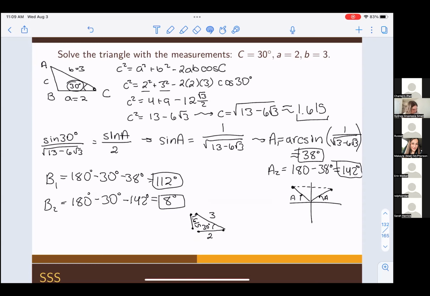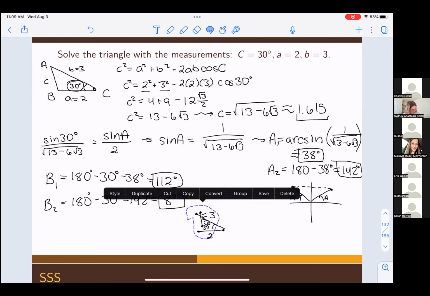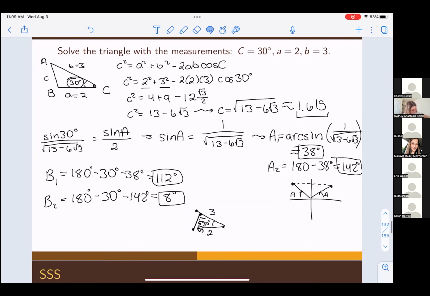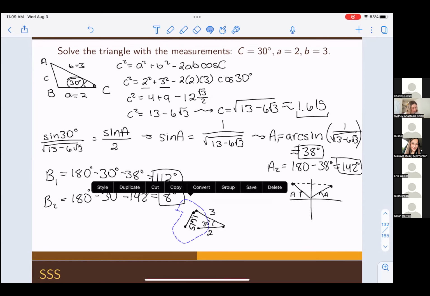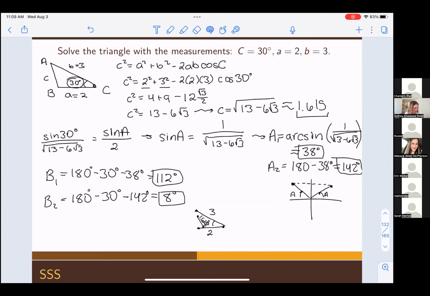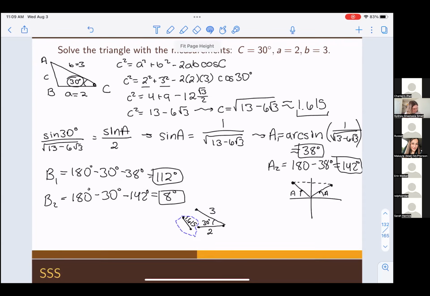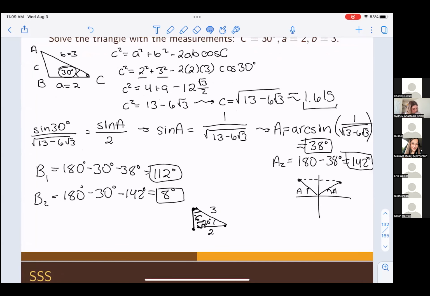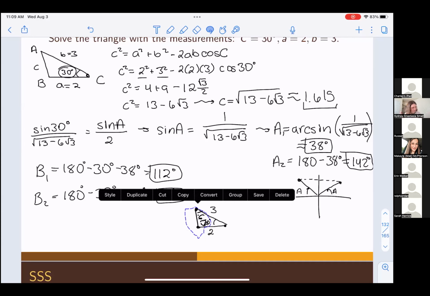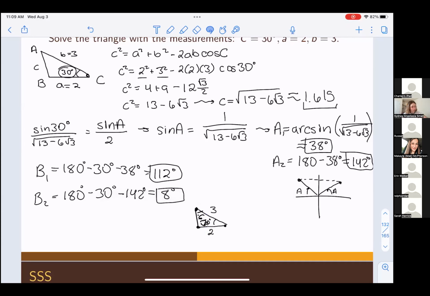No, we can't tilt it any more one way or the other, because if I tilt it more this way, it will no longer intersect that angle. And if I tilt it this way, it will no longer intersect that angle. There's only one way to fit our side C in that triangle in order to make it a complete closed triangle. So there's only one solution.